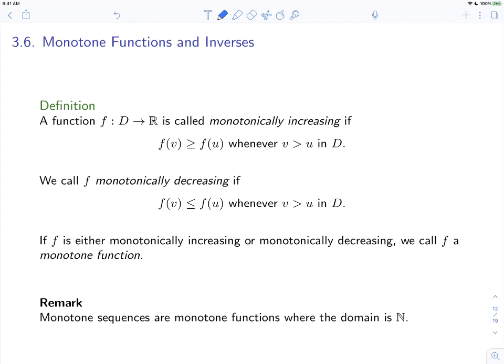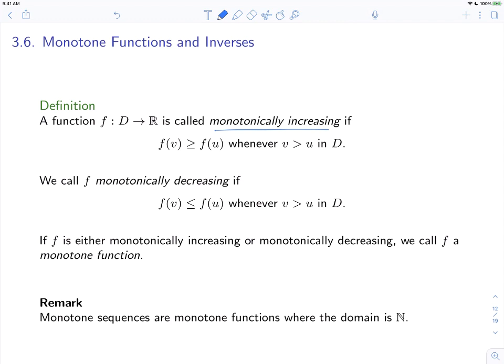A function f from a domain D into R is called monotonically increasing if f(v) is greater than or equal to f(u) whenever v is greater than u, in the domain. That is to say, if you know that v is greater than u, then the outputs must share the same relationship. f(v) is greater than or equal to f(u). That's what it means to be monotonically increasing.